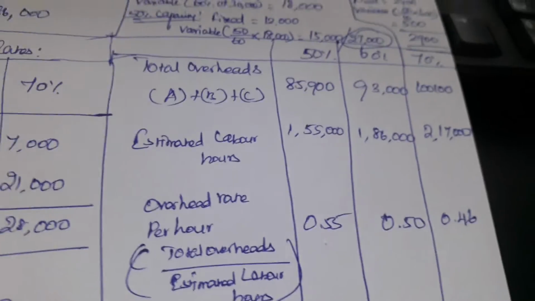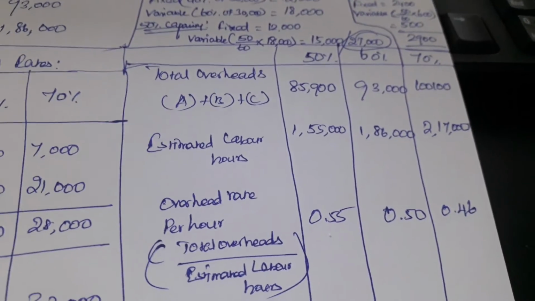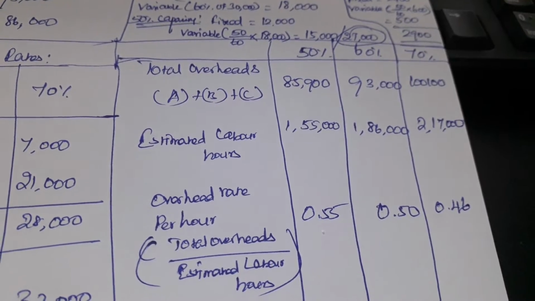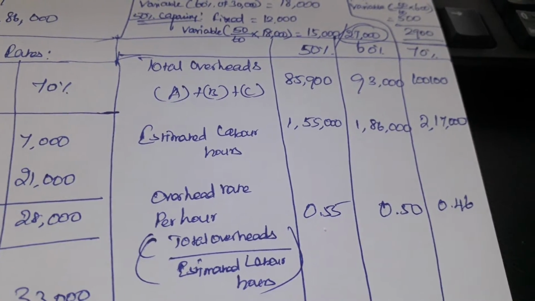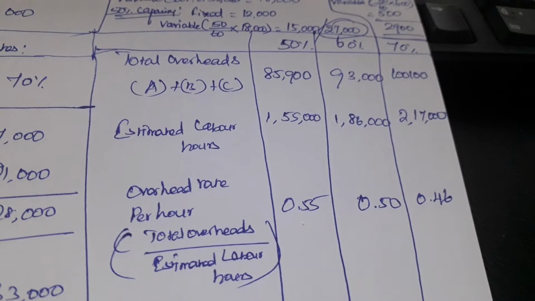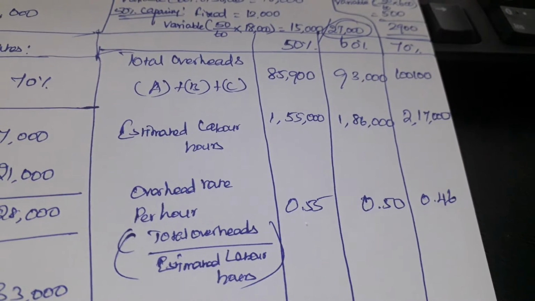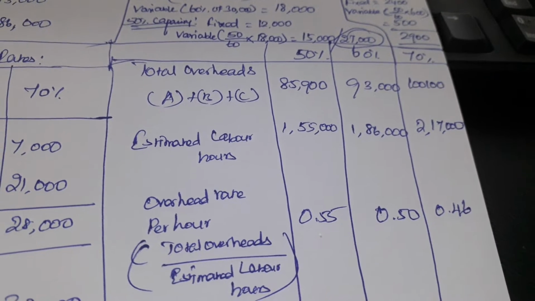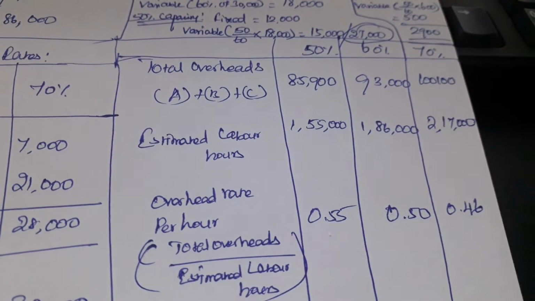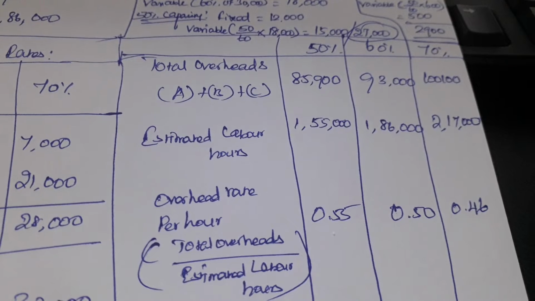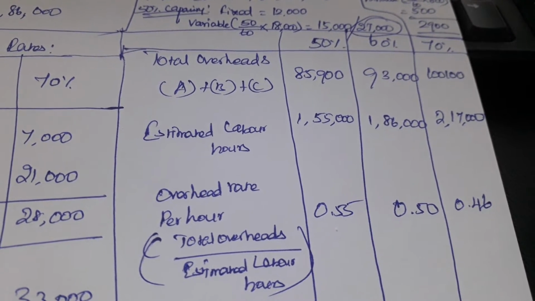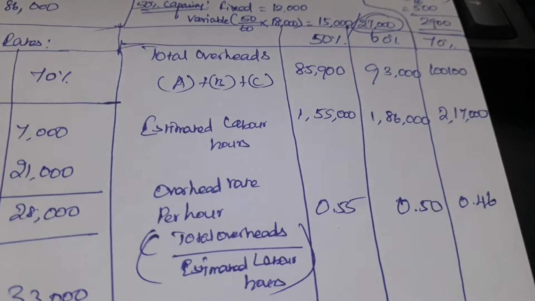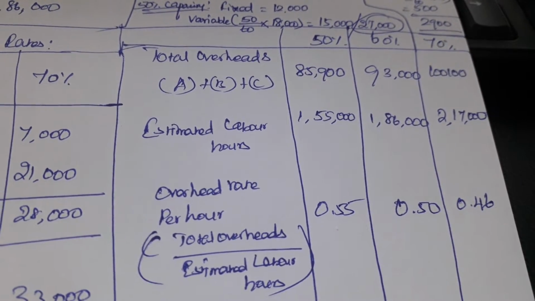Next, the total overheads. A denotes the variable overheads, B denotes the semi-variable overheads, and C denotes the fixed overheads. If you add them we get 93,000. Then we put the estimated labor hours, which is also given in the problem as 1,86,000.